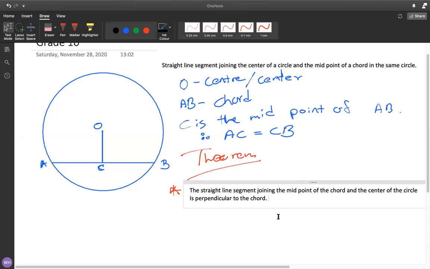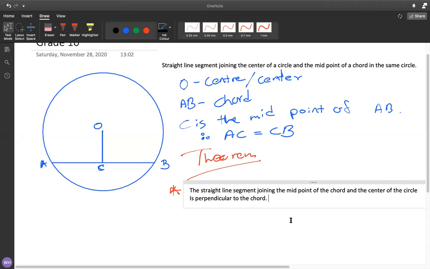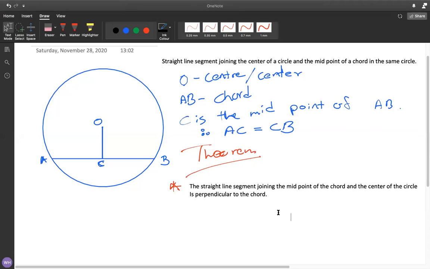So this will be the theorem which is related to this particular circle and the chord and the line.